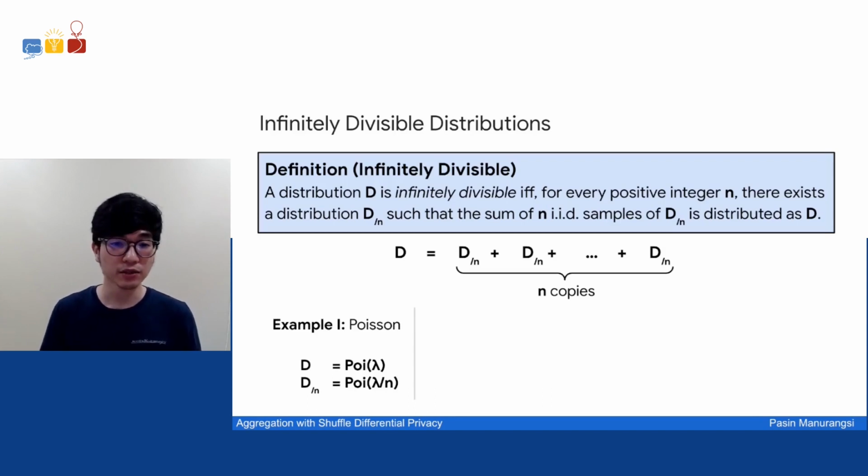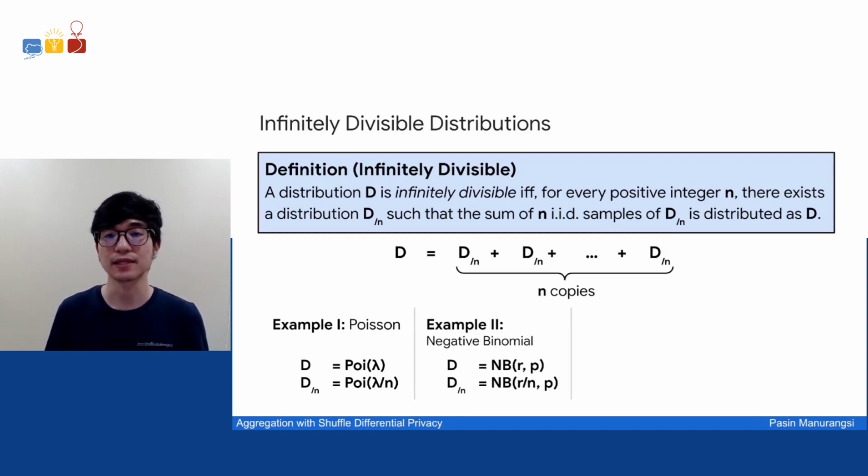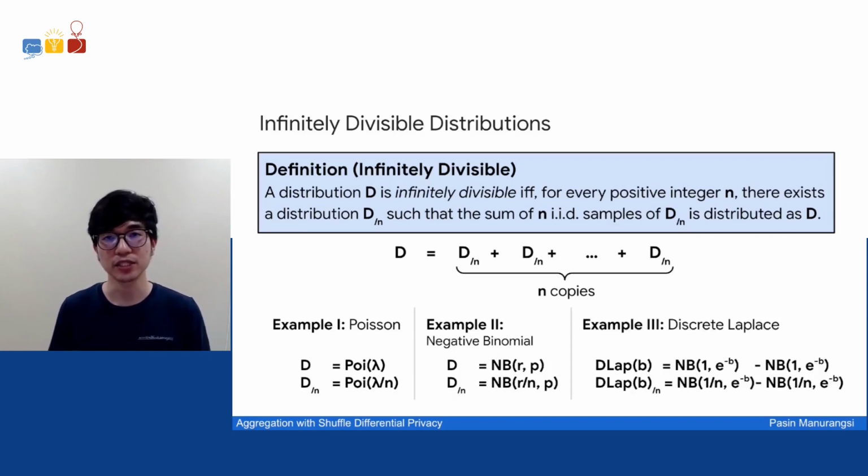There are also other examples such as the negative binomial distribution. And more importantly, the discrete Laplace distribution itself is also infinitely divisible. And this can be seen by writing discrete Laplace as a difference of two independent negative binomial distributions.